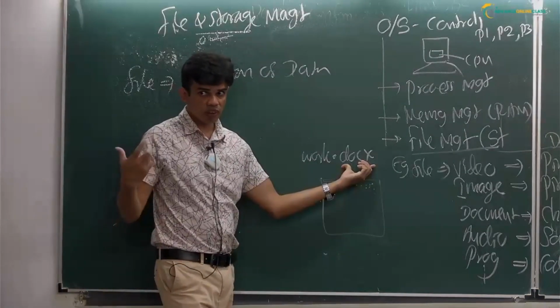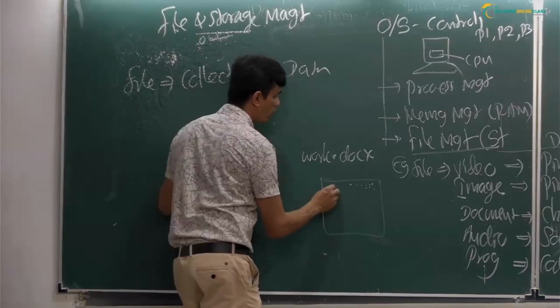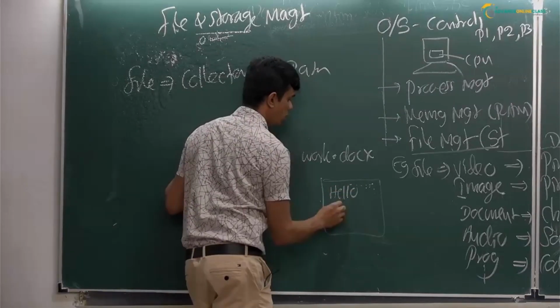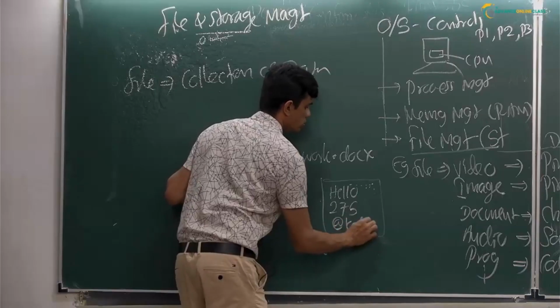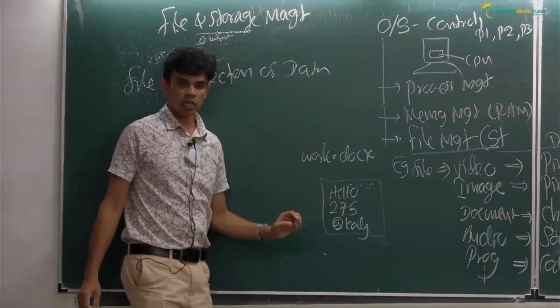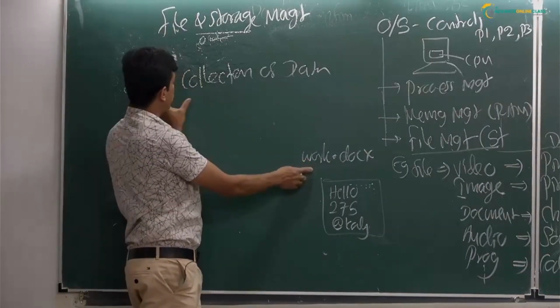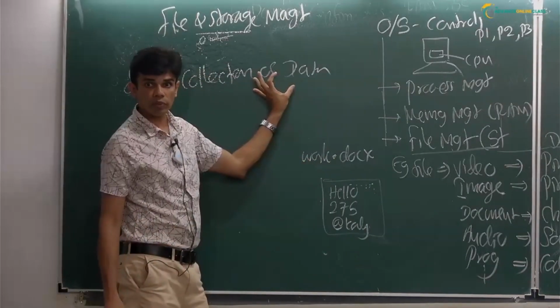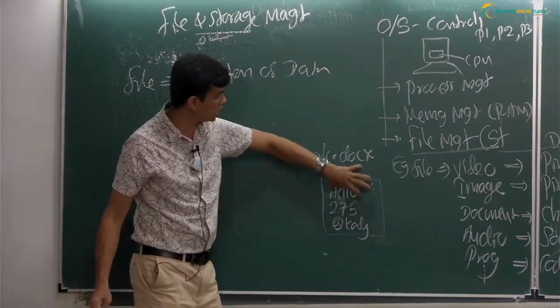Docx means what is the file type? Microsoft Word. In it, what do you have? The letters available. Then this file is a collection of data. A large volume of data is combined together and makes the file.